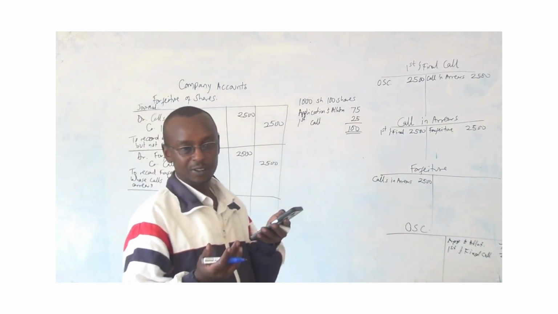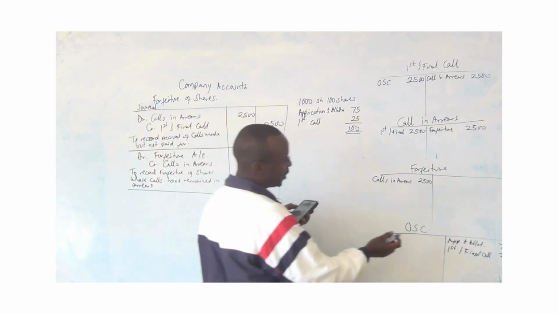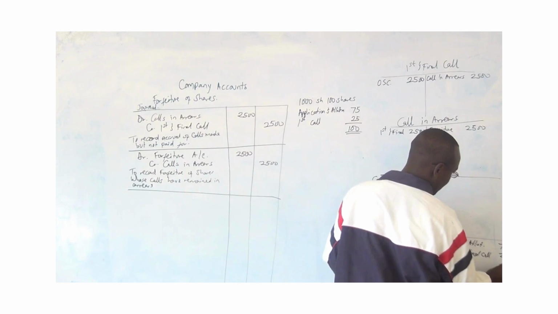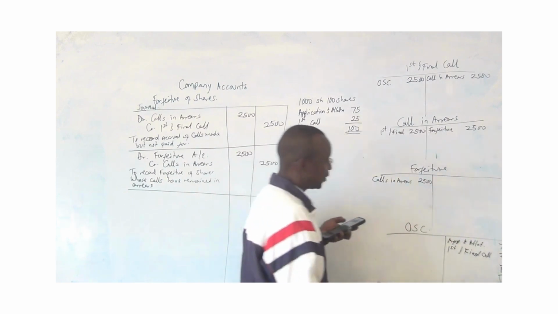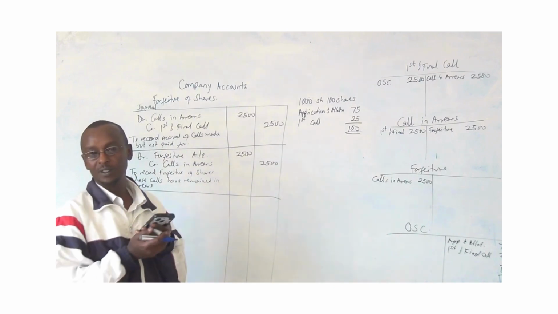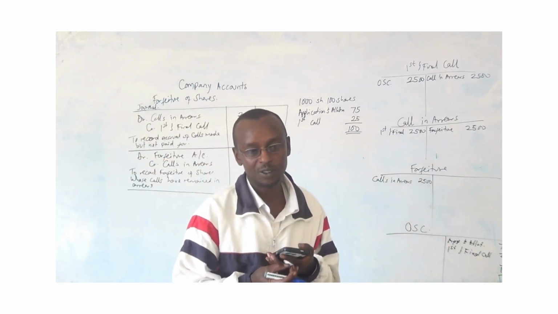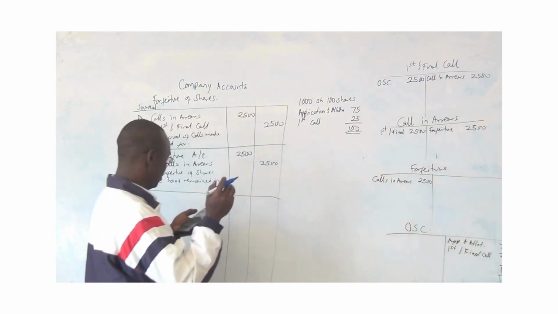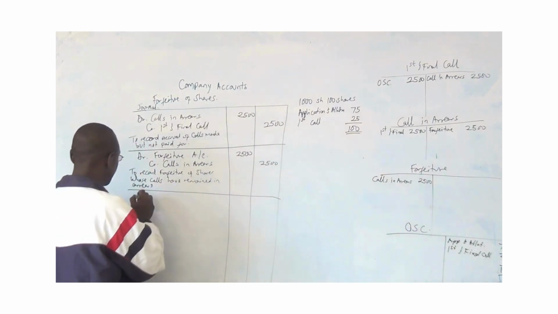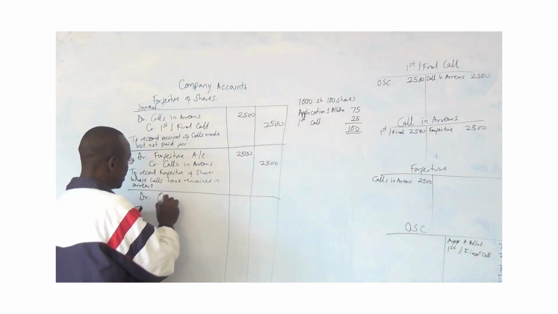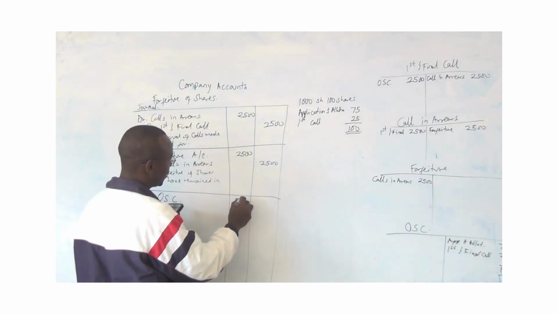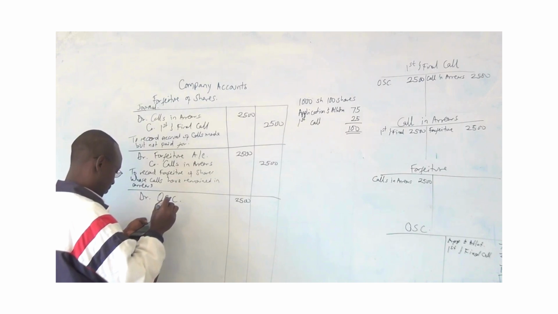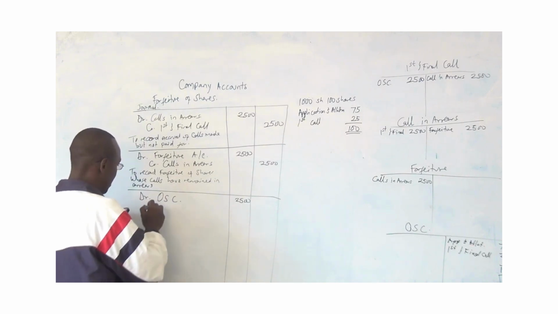They have been forfeited. So they should not be here. So we need to cancel them from the ordinary share capital account. Understand what I'm saying? Fine. So to cancel them, you debit ordinary share capital account and credit forfeiture account.